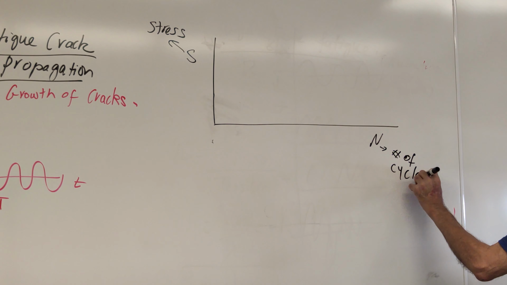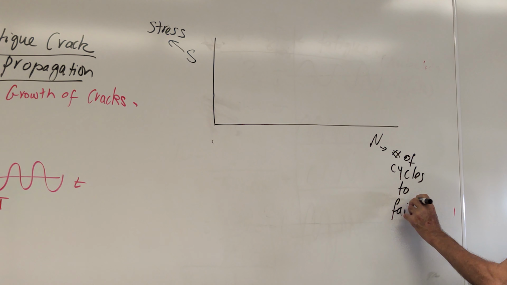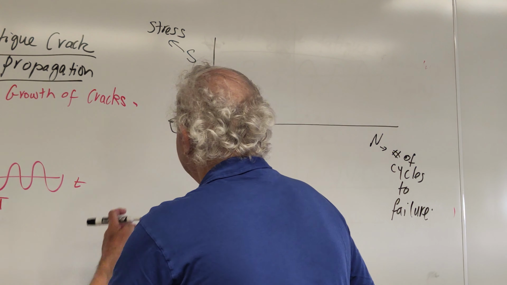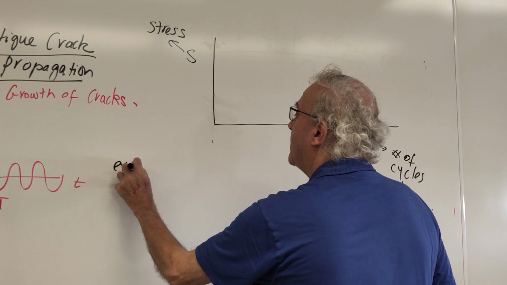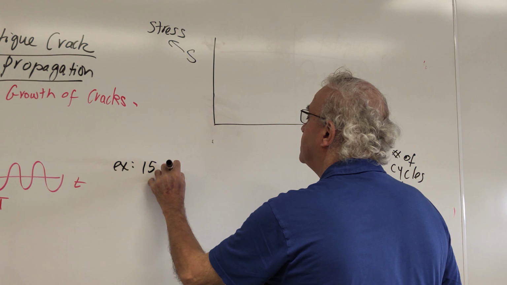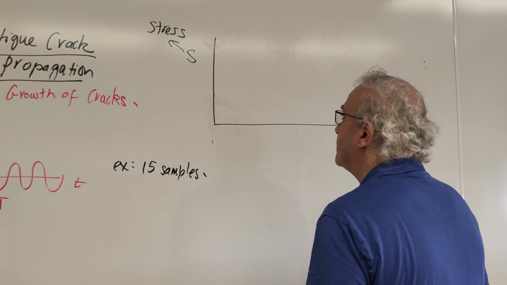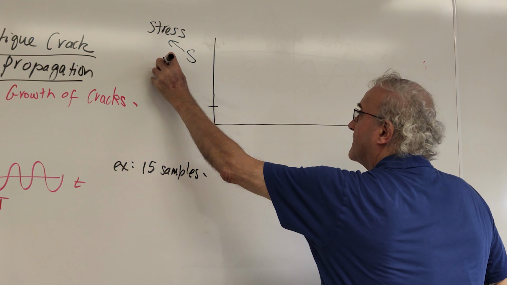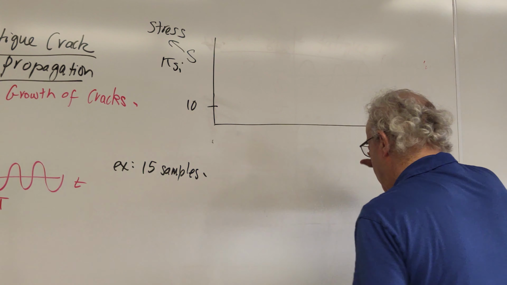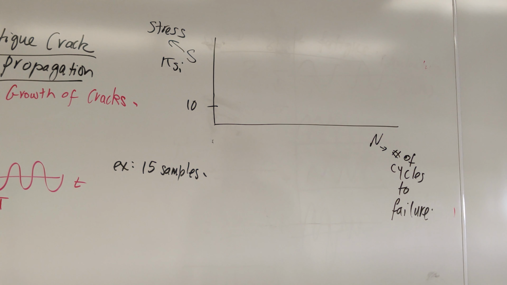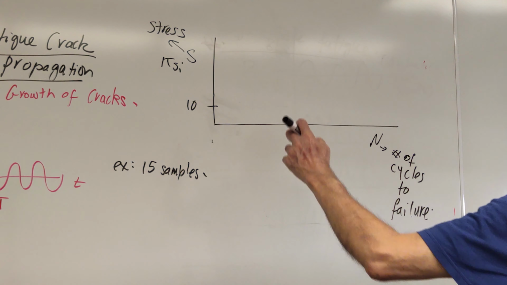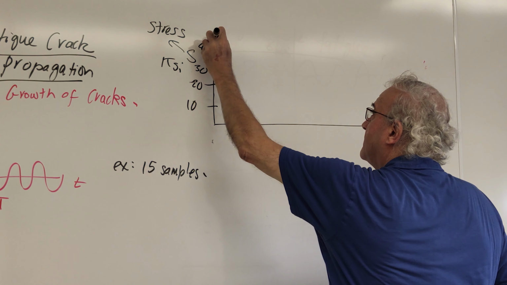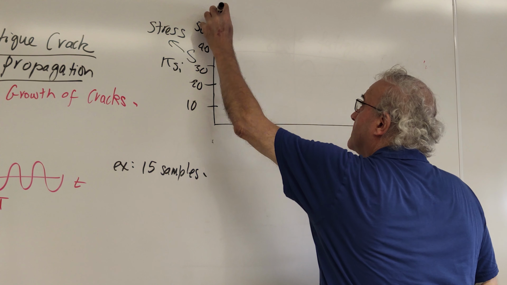So for example, I'm going to bring 15 samples, and I'm going to have here, for example, 10 ksi or like 70 megapascals. And then here I have a 20, a 30, a 40, a 50, and a 60.